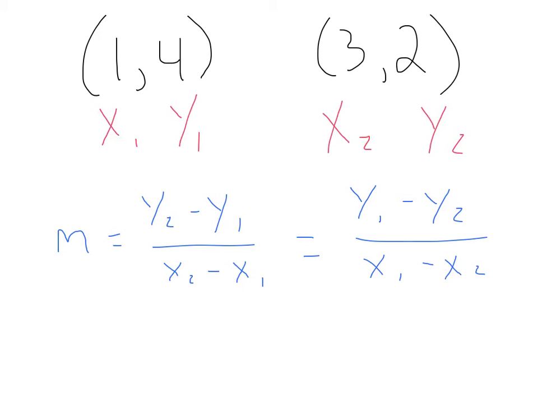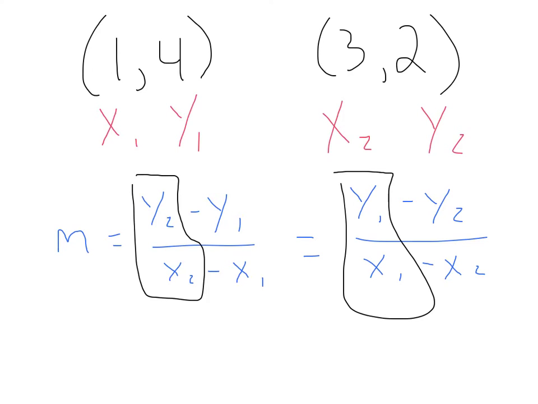Well, the fact of the matter is, it really doesn't matter. Either of those forms is perfectly fine. The important part is that the y's and the x's that are above each other should be the x's and y's from the same point. So I need to make sure that, for example, y2 and x2 are indeed from the exact same point, and y1 and x1 in this example are from the same point.